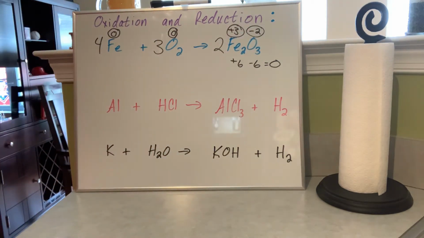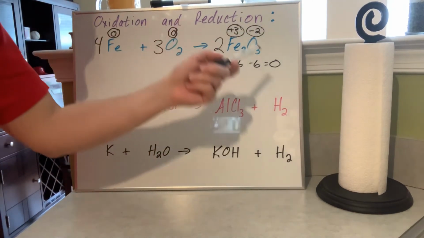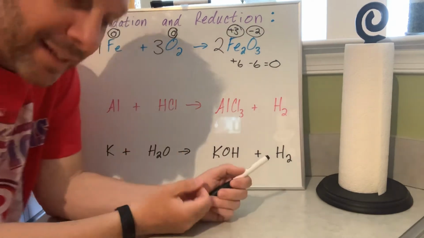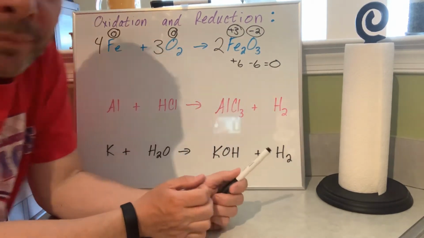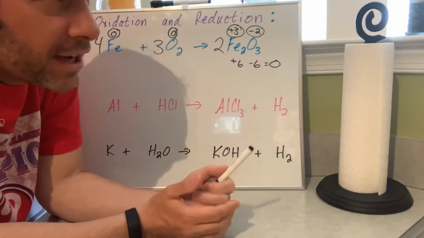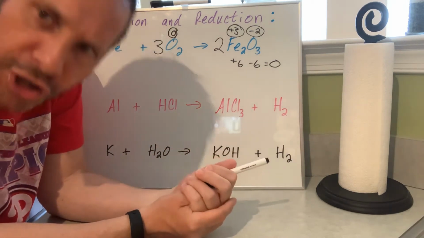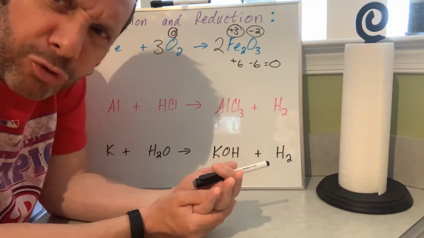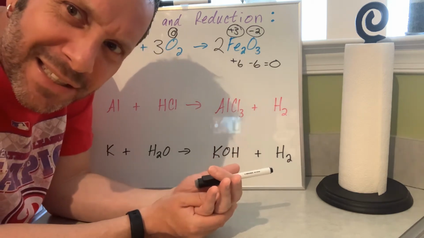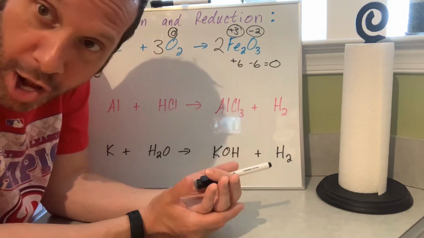Okay, so now here's how oxidation and reduction works. Now, I'm going to give you the scientific explanation, and I'm going to give you the easy way to remember it. Okay, they say that oxidation is losing electrons, and reduction, keep this in mind, reduction is gaining electrons.